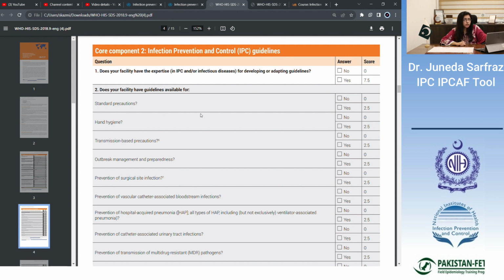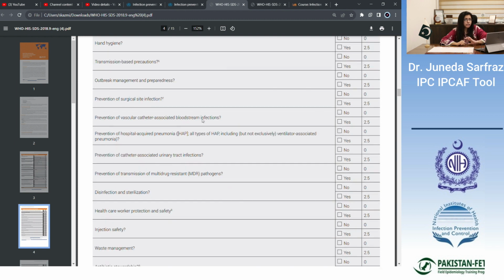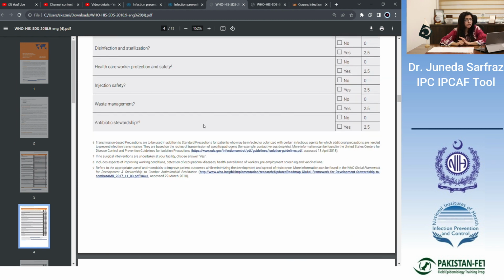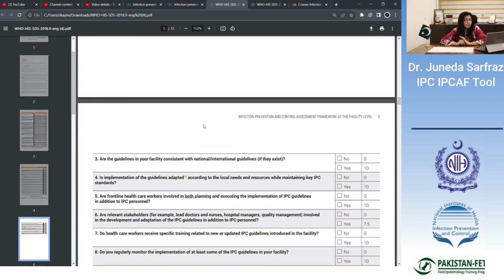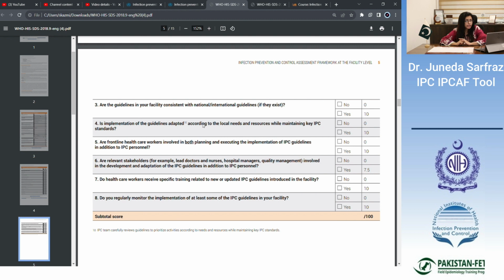Are the guidelines in your facility consistent with the national and international guidelines? Is the implementation of the guidelines adapted? Are frontline healthcare workers involved in both planning and executing the implementation of IPC guidelines? Are relevant stakeholders, for example, health managers, doctors, quality management staff, involved in the development and adaptation of the IPC guidelines?